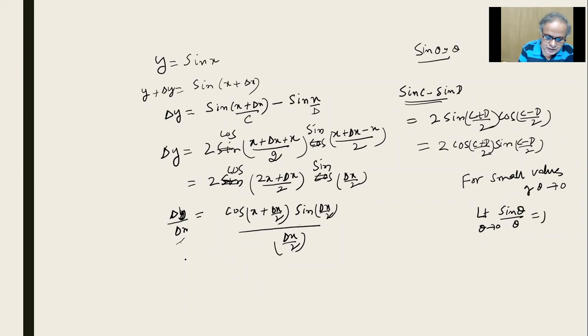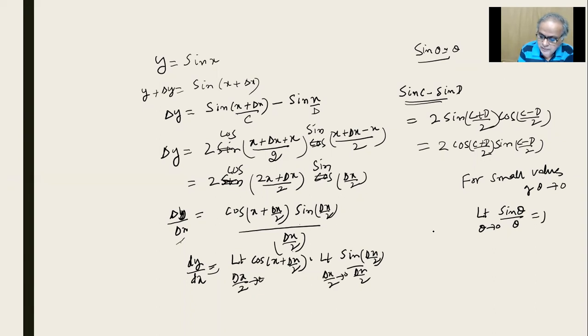I'll tell you. dy by dx equals the limit of all this. I'll separate this and that: limit of cos(x plus delta x by 2), and then the limit of sine(delta x by 2) by (delta x by 2) as delta x by 2 tends to 0.